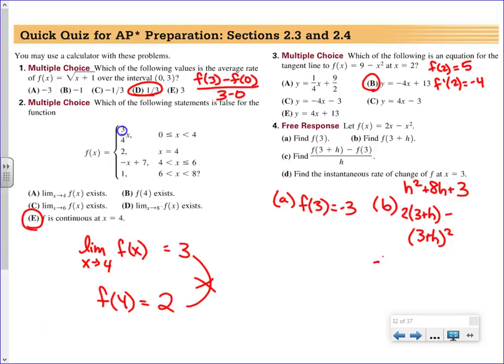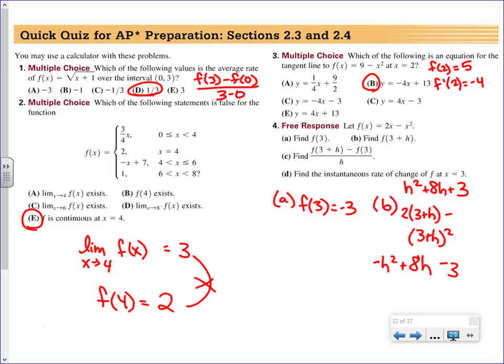I see negative h squared plus 6 plus 9 plus 15. No. 6 minus 9. Negative 3. And then 2h and 6h. That's what I had before. You get h squared plus 6h plus 9, but then the negative distributes, so you get negative 9 minus 6h.